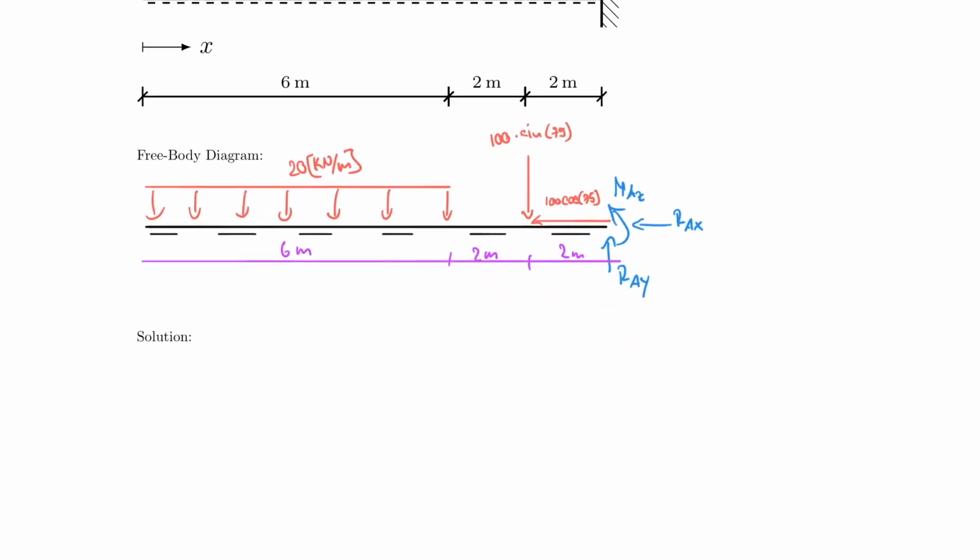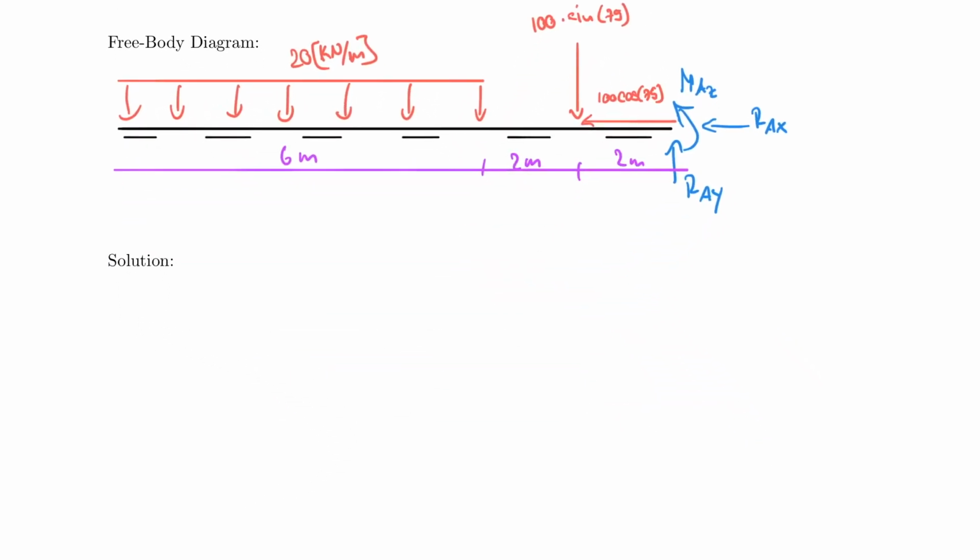And now I go ahead and solve the problem for you, or at least as much as necessary. So let's start with RAX, and I do that by the sum of the forces in the x direction being equal to 0, and that is positive to the right. 0 is equal to minus positive RAX, and then minus, and this is really a minus, right?